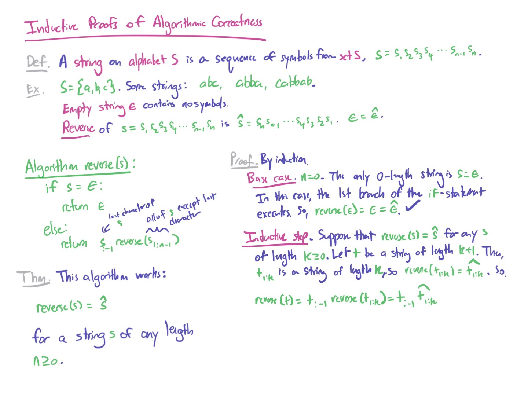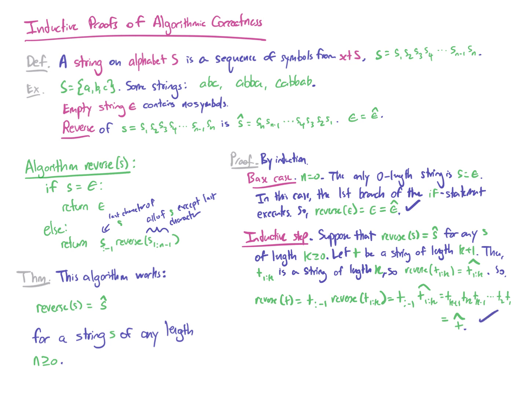of the first k characters of t, which, if I write that out, well, the very last character of t is also tk plus 1, and then the reverse of t1 to k is just tk, tk minus 1, all the way down to t2 and t1. And guess what? That very last expression here, that's the reverse of t.